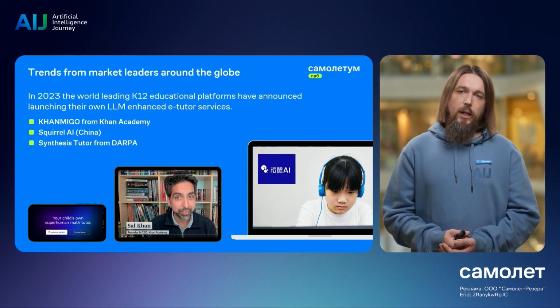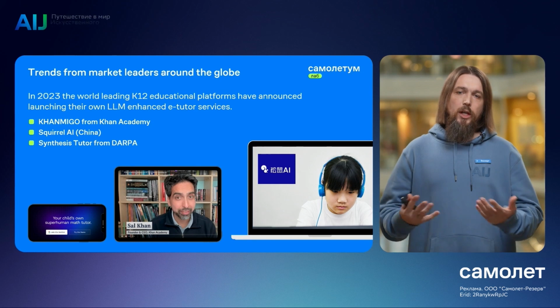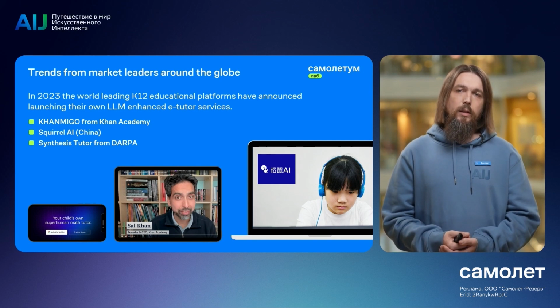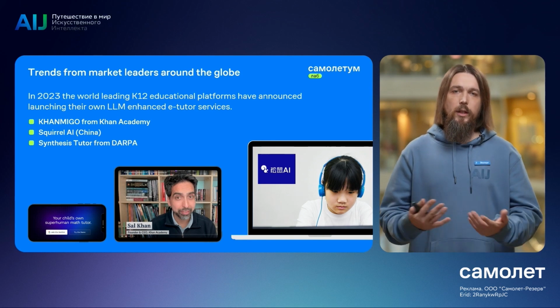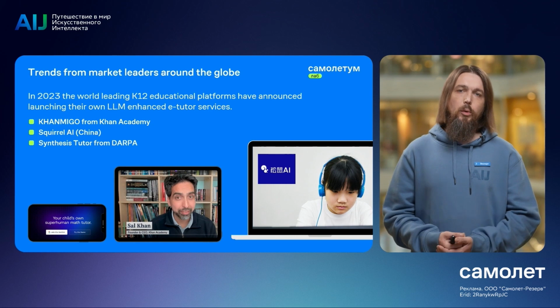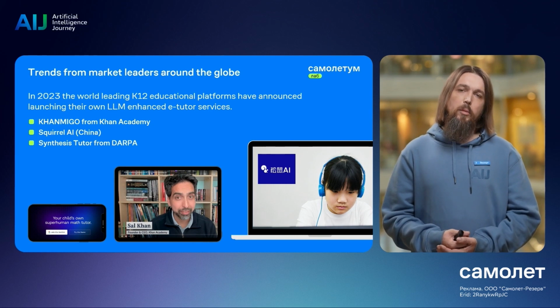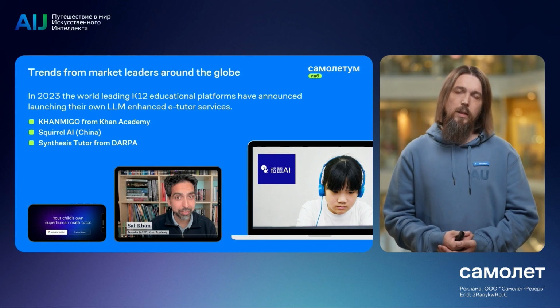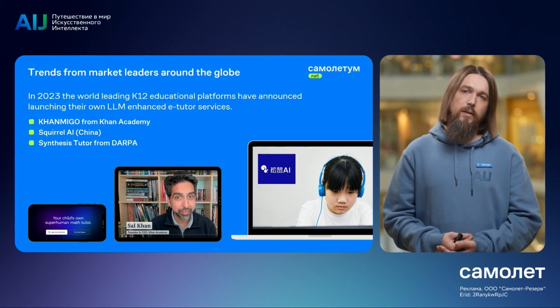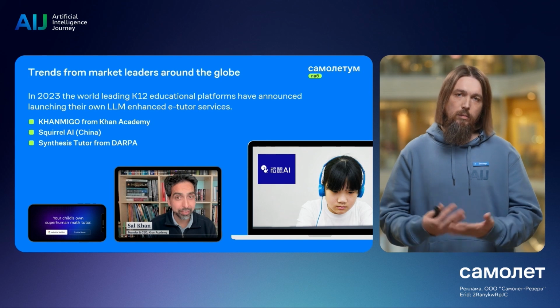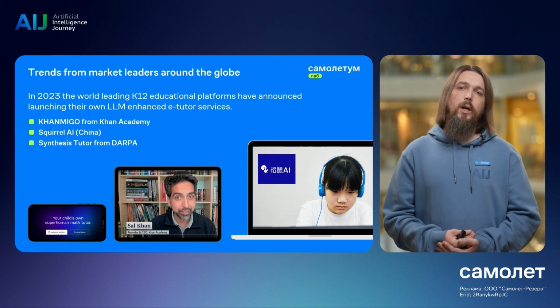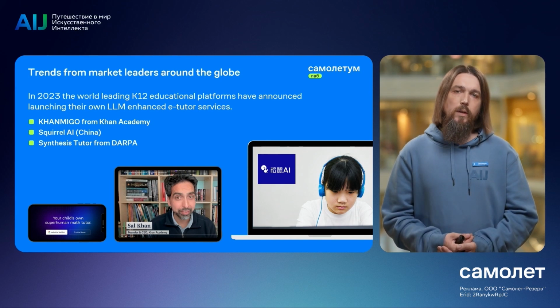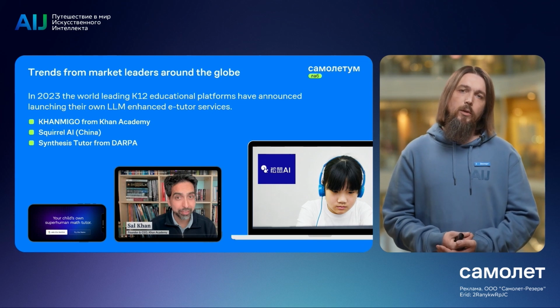Now, if we take a look at international best practice and the market leaders, what we see currently going on in 2023 is that the leading online platforms in the K12 area, which is from the 1st to the 12th form, specifically school education, announced launching their own e-tutors. Worth mentioning is Khan Academy, one of the most powerful online schools.